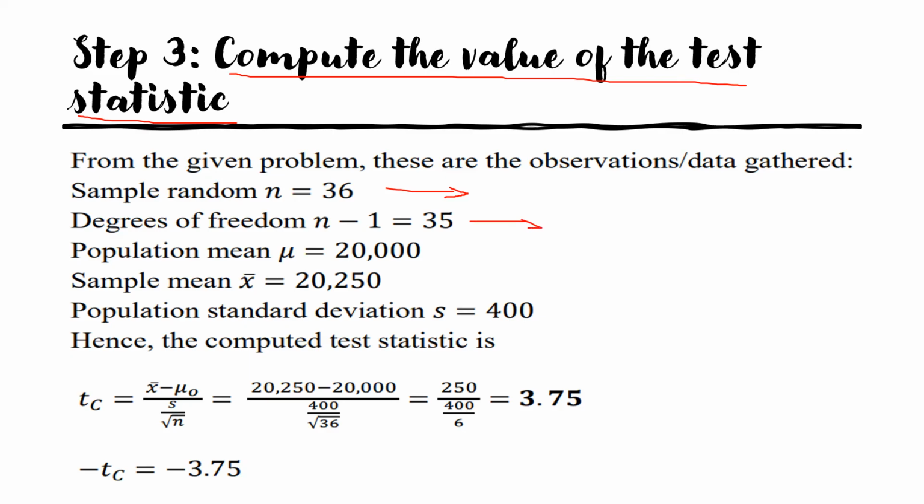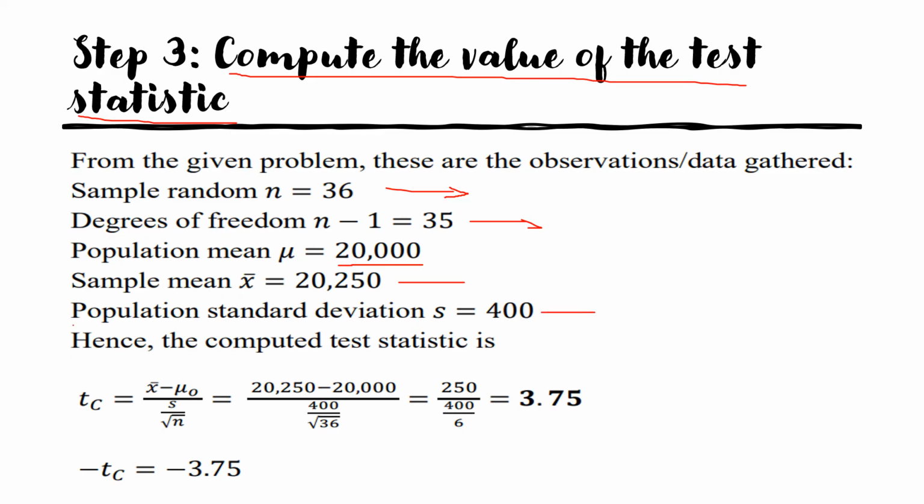Now for the population mean, we use 20,000 for your hypothesized population mean, mu, which is equal to 20,000. For the sample mean, x bar, that will be 20,250. And for your standard deviation, s, which is 40.